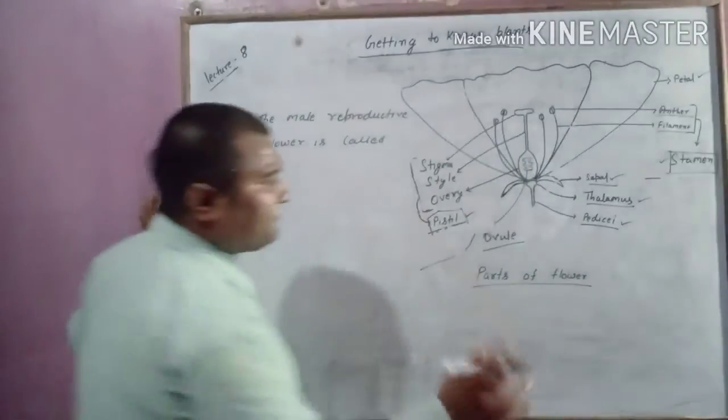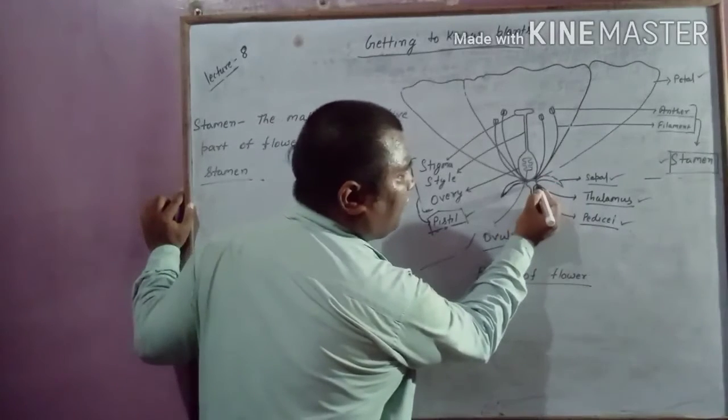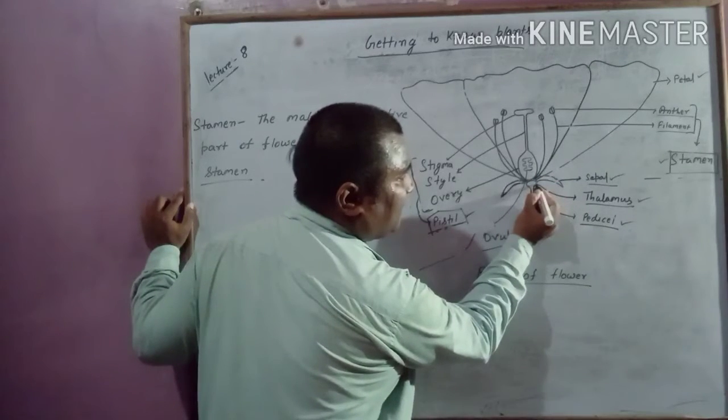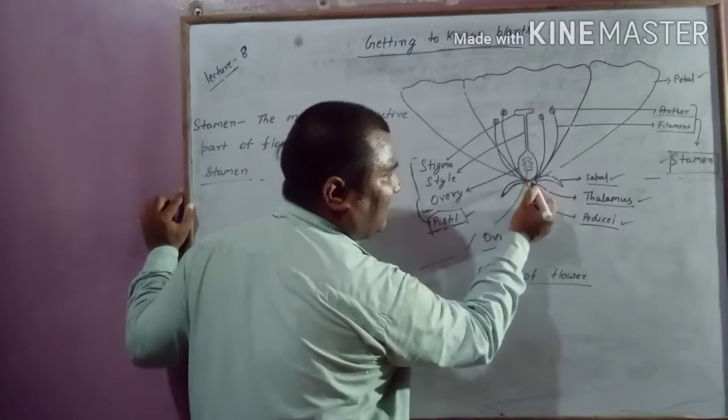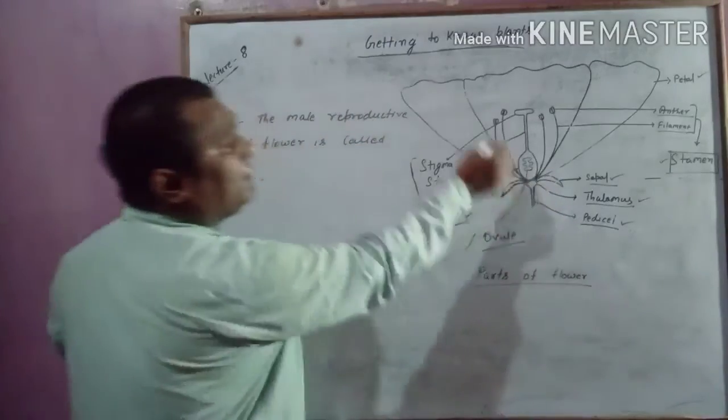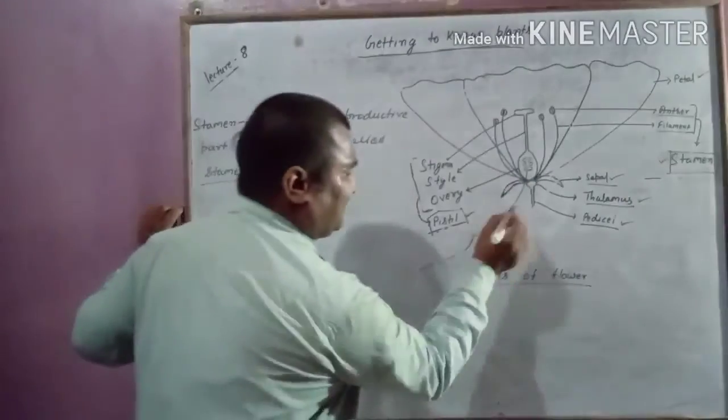If you move along this thalamus from here, first you will find sepal, then petals, then stamen, then the pistil.